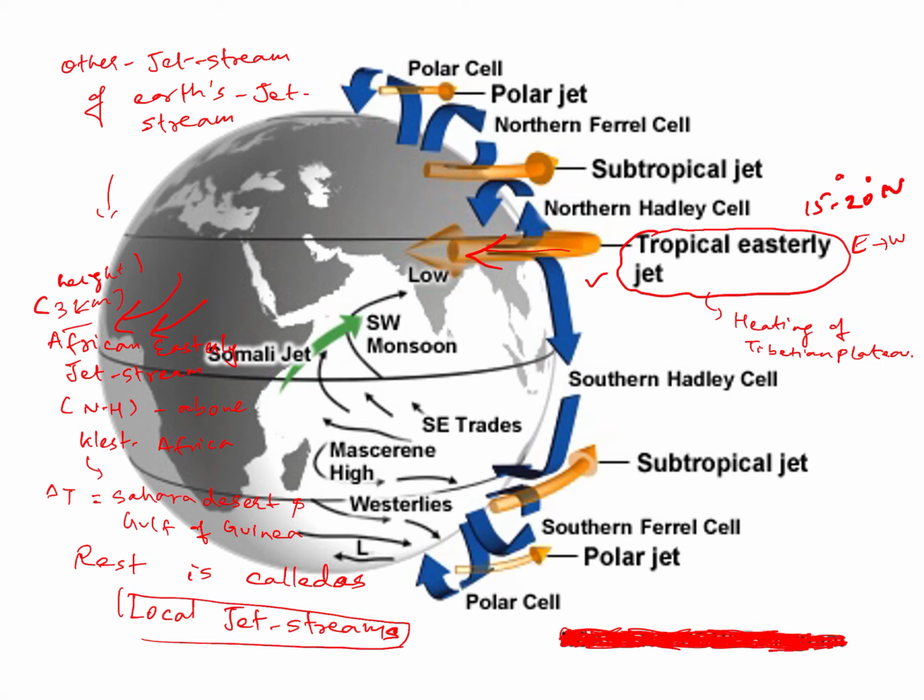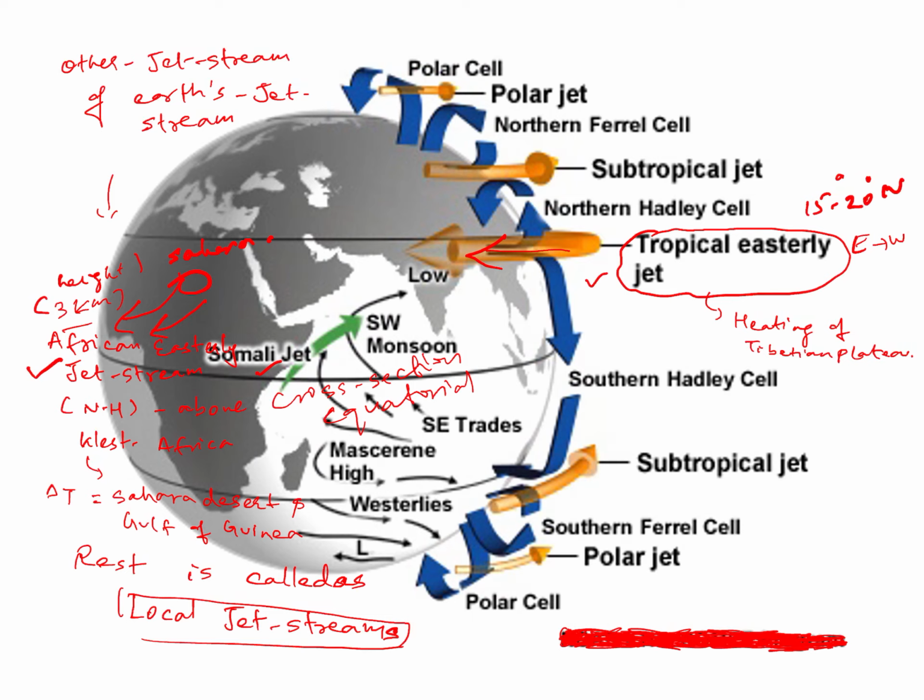Another one on the African side is called the African easterly jet stream, that also moves from east to west, roughly from the direction of the Sahara Desert towards the Gulf of Guinea in Africa. One more jet stream is called the Somalian jet stream, also called the cross-equatorial jet stream.